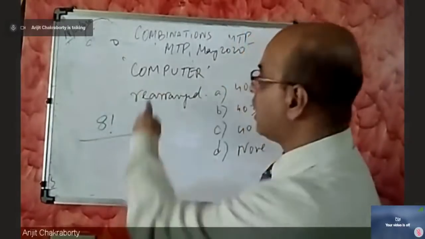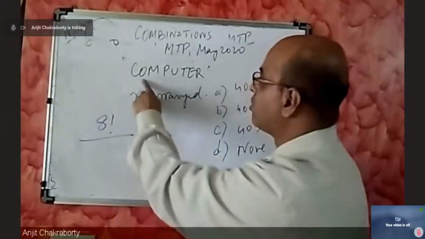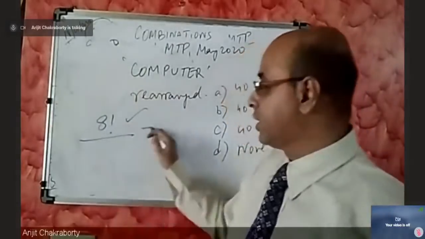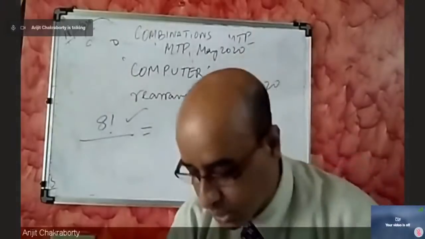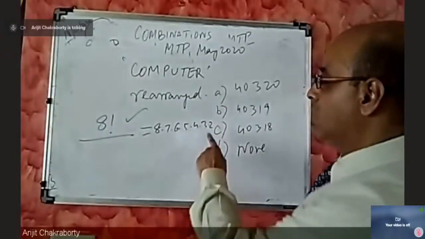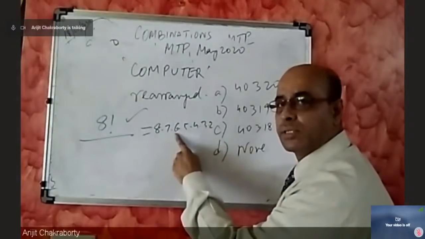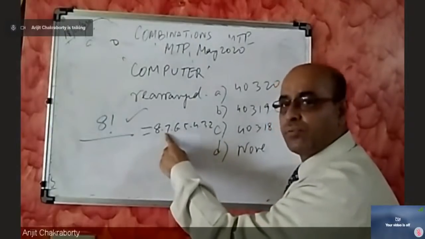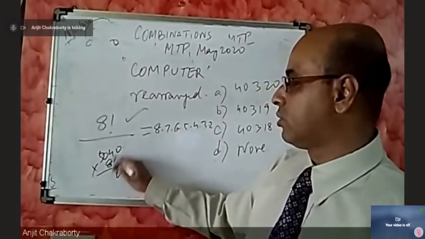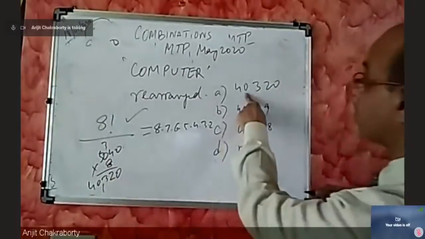Then denominator. Do we have any letters which are repeating? C, no. O, no. Fine. Then 8 factorial, if you calculate, let's calculate. 8 into 7 into 6 into 5 into 4 into 3 into 2. 4 3s are 12, 2s are 24, 5s are 120, 6s are 720, into 7 is 5040, into 8. 5040 into 8: 8 zeros are 0, 8 4s are 32, and 8 5s are 40. 40,320, the option is there.